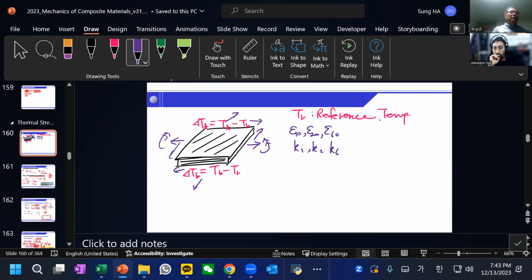So given the temperature boundary condition at the top and bottom, what we would like to know is the in-plane strain and the curvature.